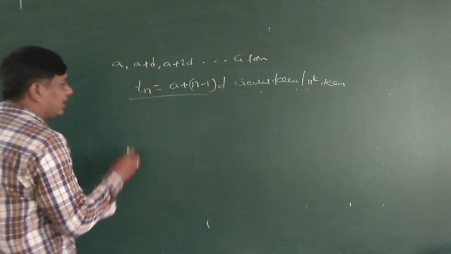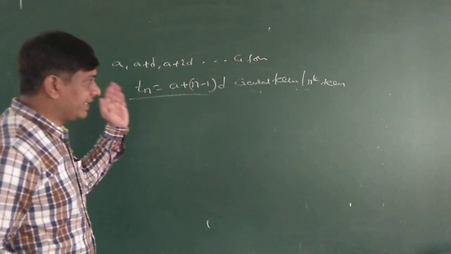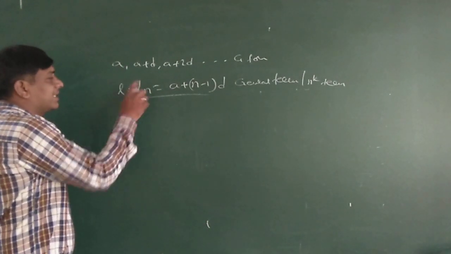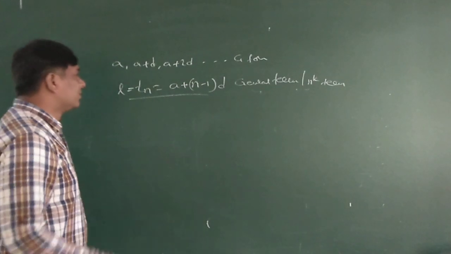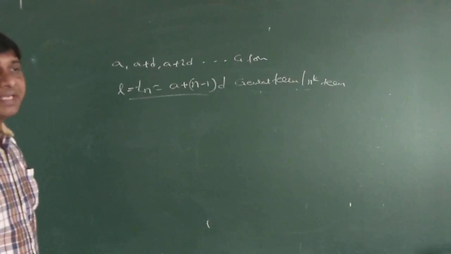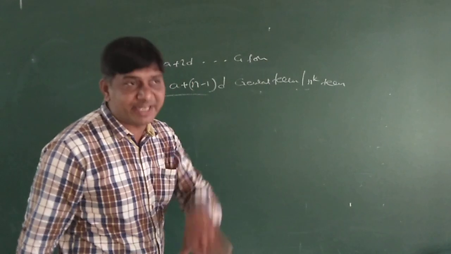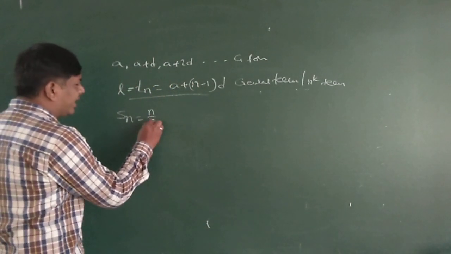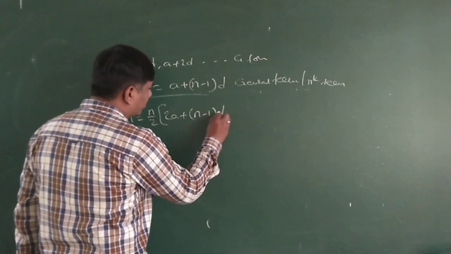After that, we learned that if it is finite, this general term is only the last term. Keep it in mind that it is the general term, only the last term in a finite sequence. Then how to find the sum of n terms in arithmetic progression, formula derivation we learned. Sn is equal to n by 2 into 2a plus n minus 1 into d.